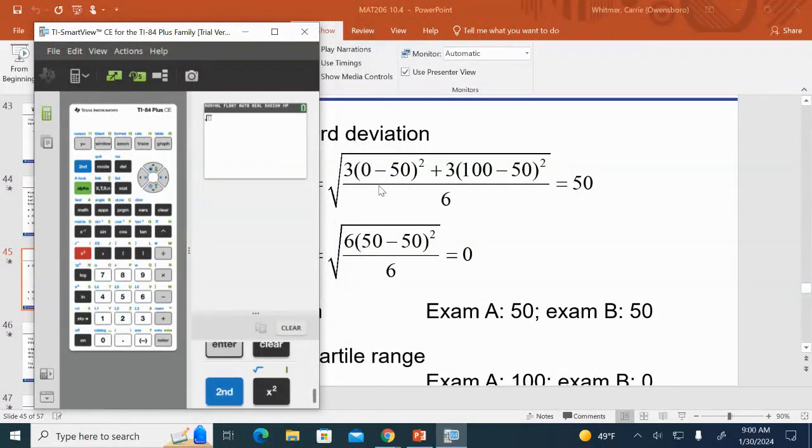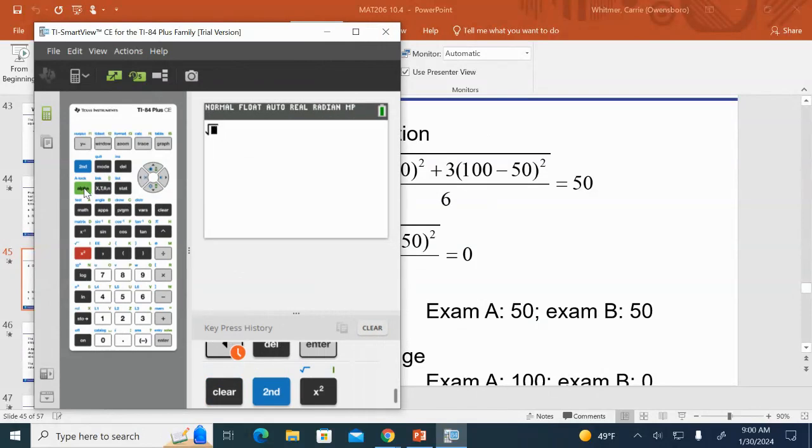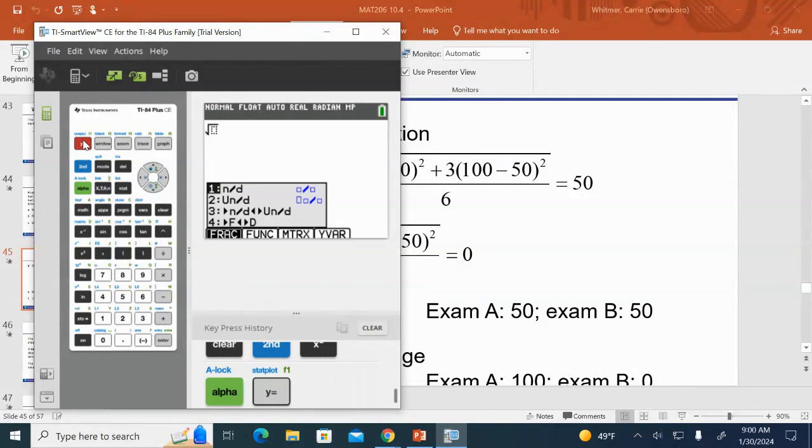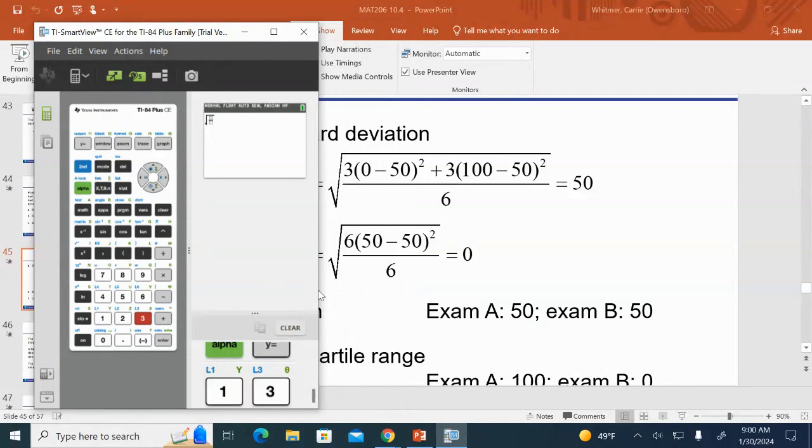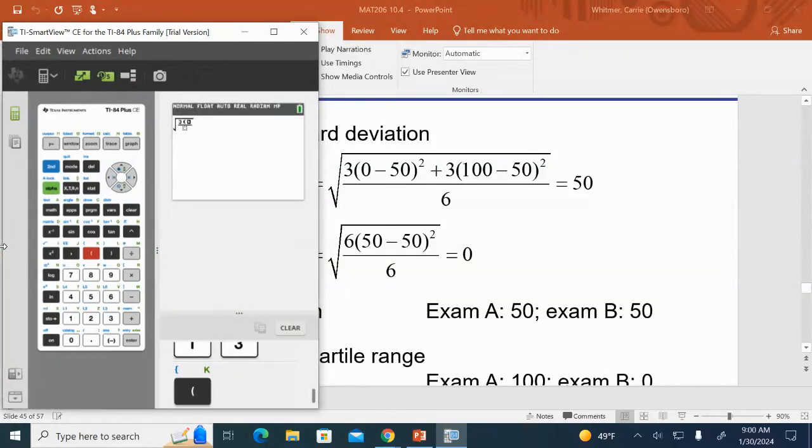Then I'm just going to type in this first line. If you have an 84, the easiest thing to do would be to say alpha y equals and bring up your fraction button and type in 3 and then make this bigger so you can see what I'm typing in.